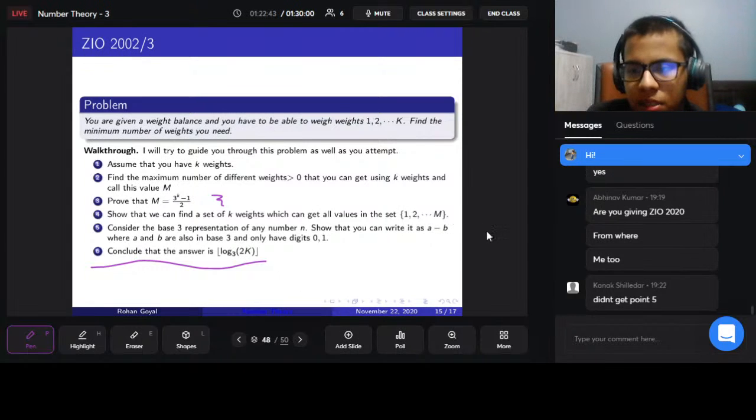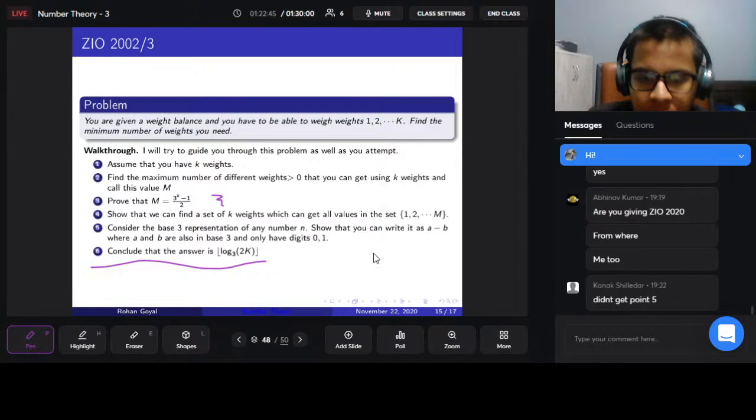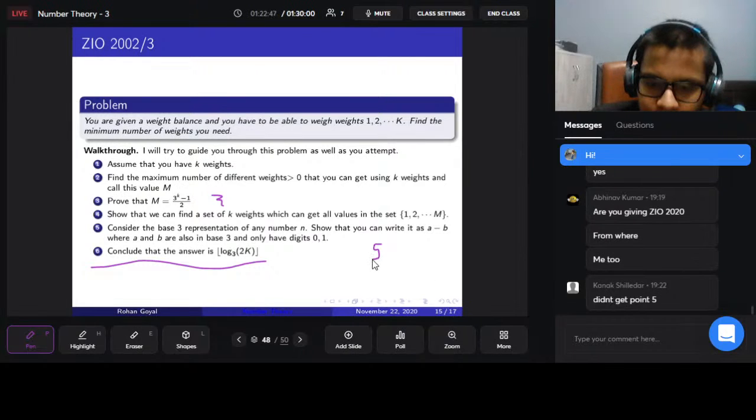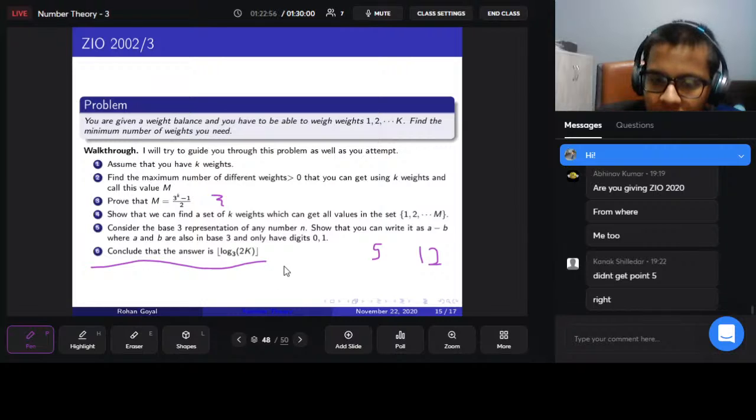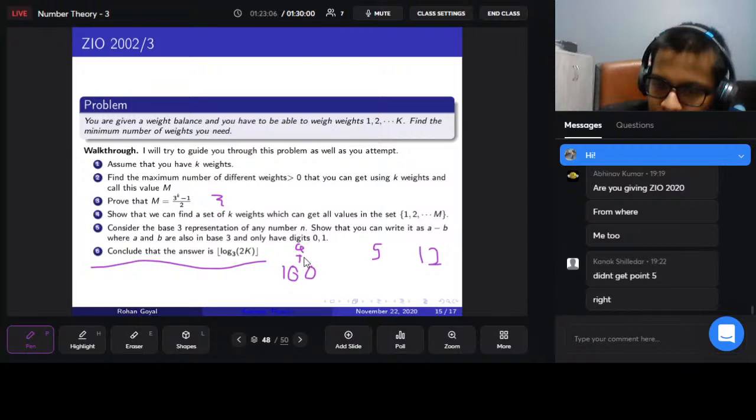So for example, I'll go over this once. Let's say our number is 5. So in base 3, what is it? It's 12, right? So you can actually write this as 100 in base 3, which is 9, minus 11, which is 4.